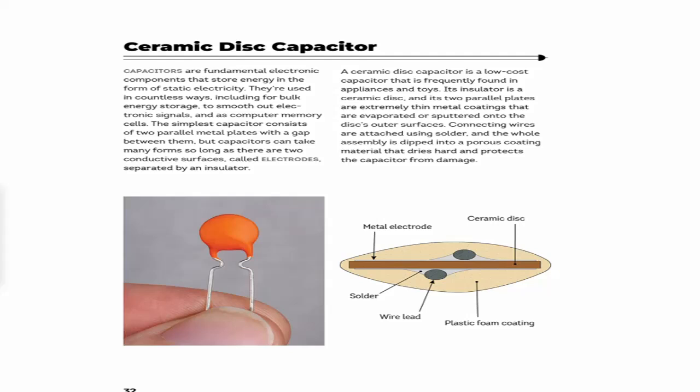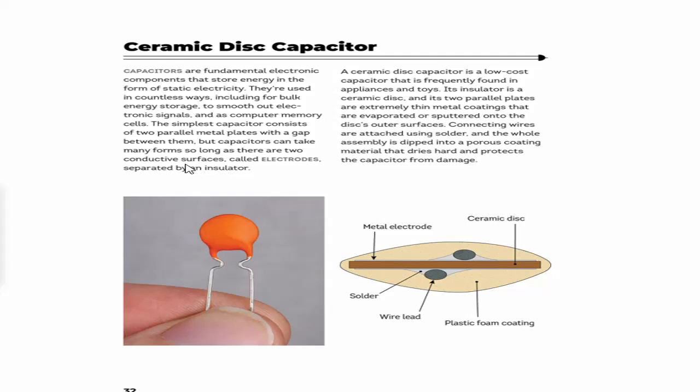Now we'll discuss that it is a type of capacitor. So we'll discuss what a capacitor is. Capacitors are fundamental electronic components that store energy in the form of static electricity. They are used in countless ways, including for bulk energy storage, to smooth out electronic signals, and as computer memory cells.